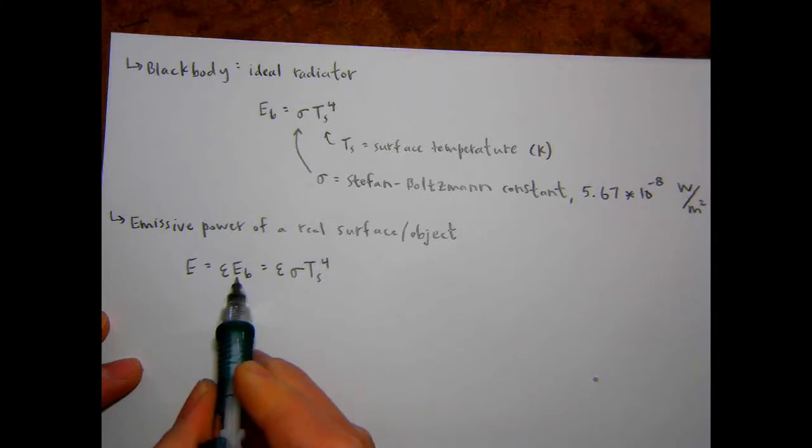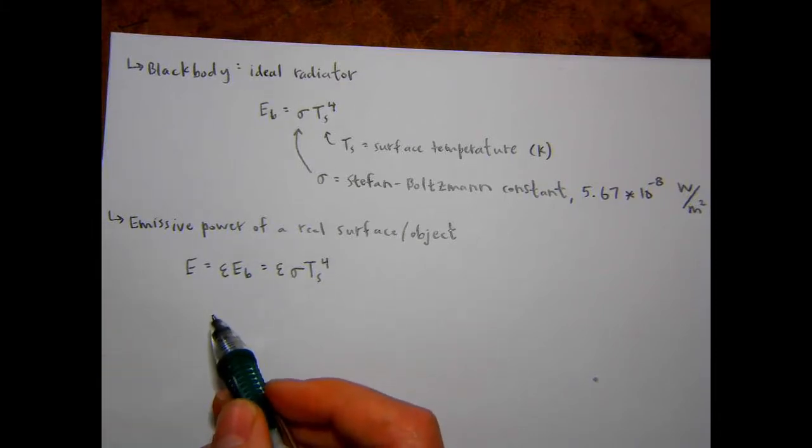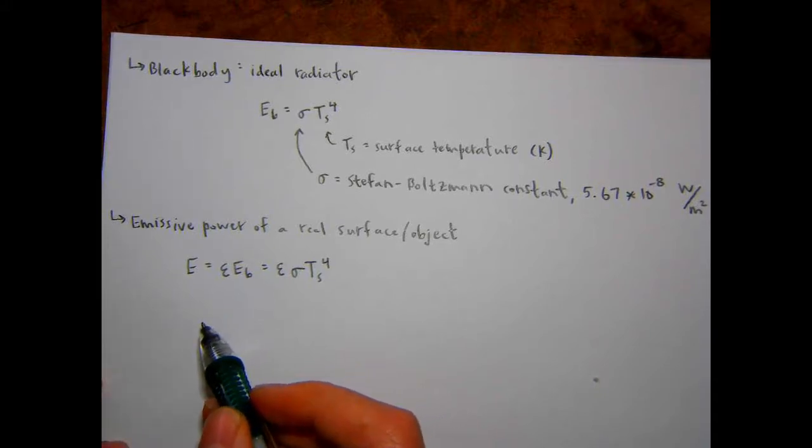So we've basically just taken the emissive power of a black body and then stuck this factor epsilon in front of it to account for how well a real surface actually emits radiation.